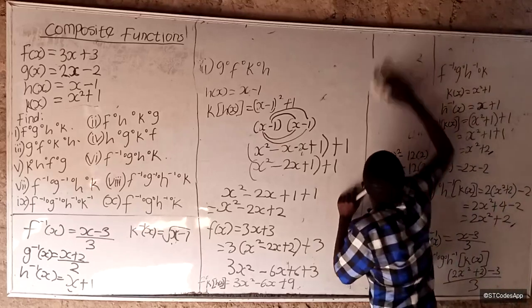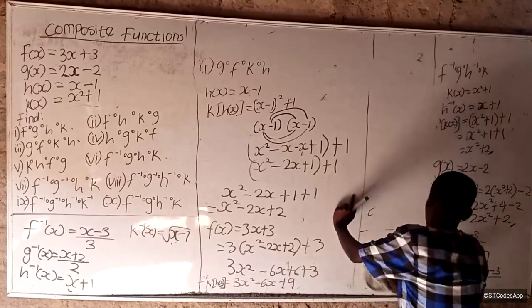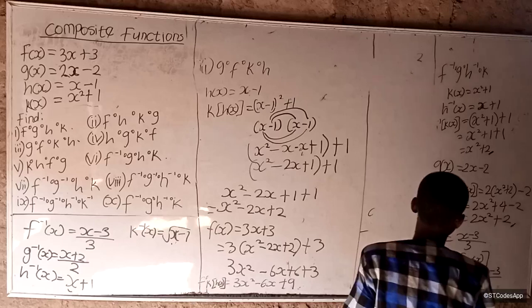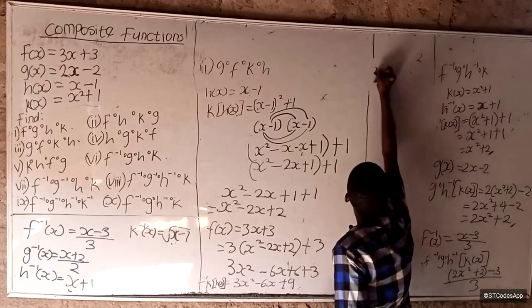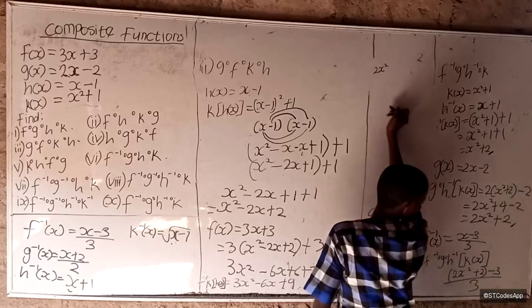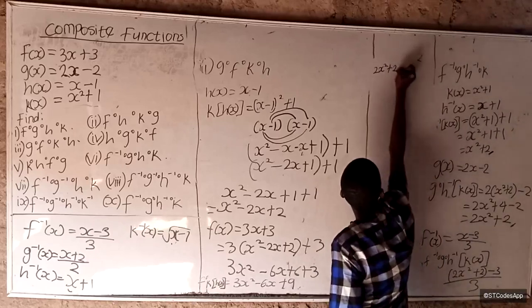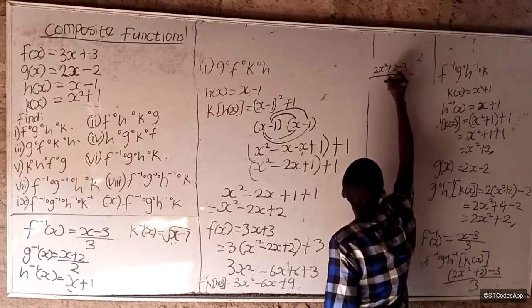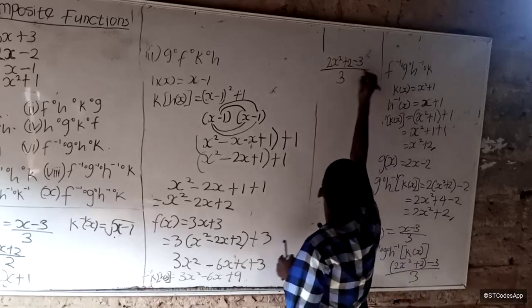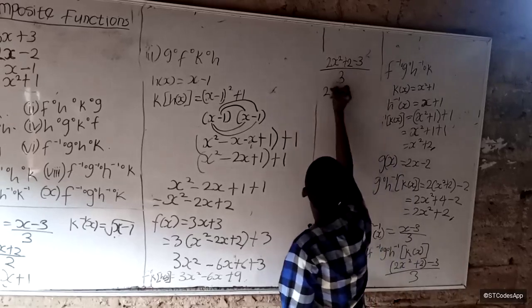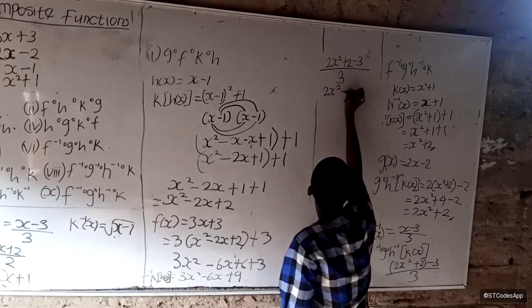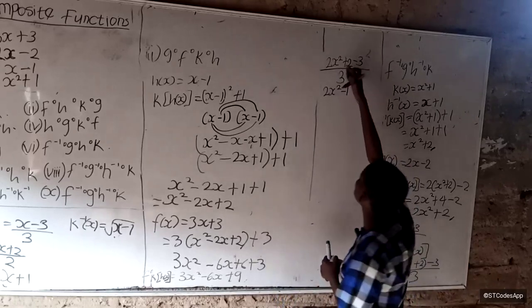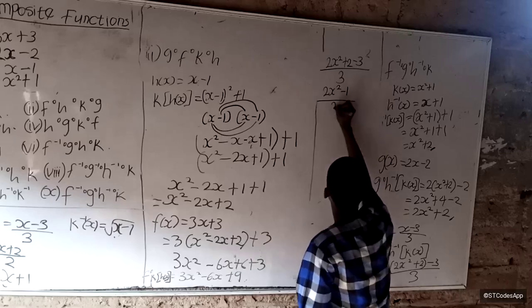So solving for that, we have 2x squared plus 2 minus 3 over 3. We have 2x squared plus 2 minus 3, giving us 2x squared minus 1. Minus 3 plus 2 gives us minus 1 over 3.